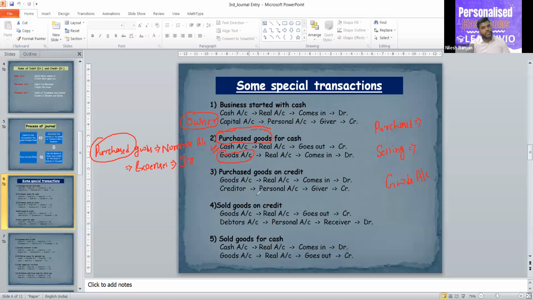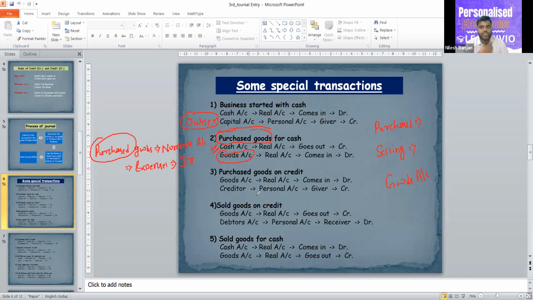Now creditor will be a person, so there will be a name attached to him. So creditor can be A, B, C, X, Y, Z, or any name. That is a personal account, and with the rule of personal account, we have to find out whether he is a receiver or giver.